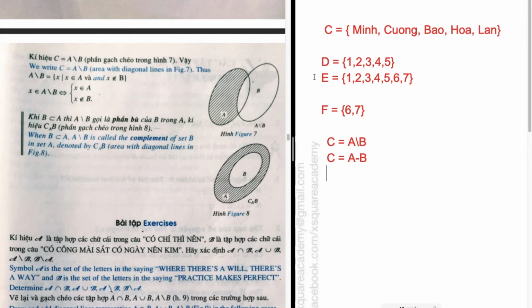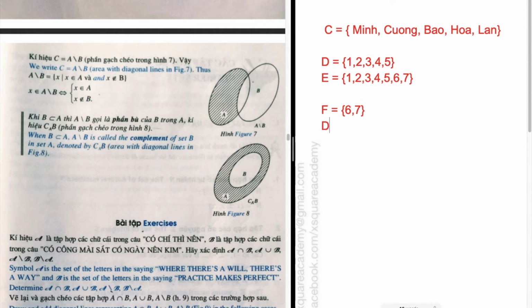In this example, F is the complement set of D in E because D is a subset of set E.